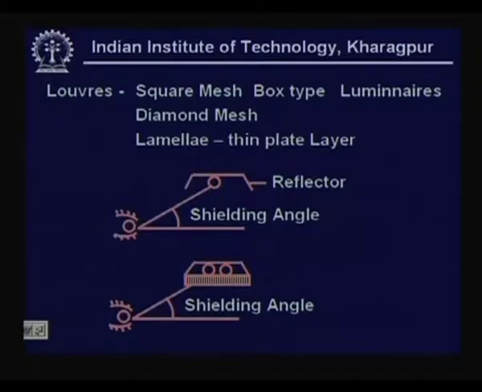In addition, these luminaires will have certain ventilating mechanisms, so that the heat does not build up and temperatures do not rise unnecessarily, because no matter what type of source you use, there is some amount of heating involved.